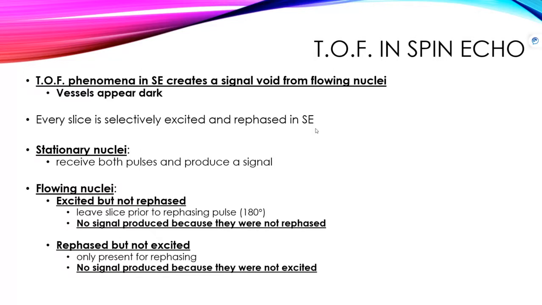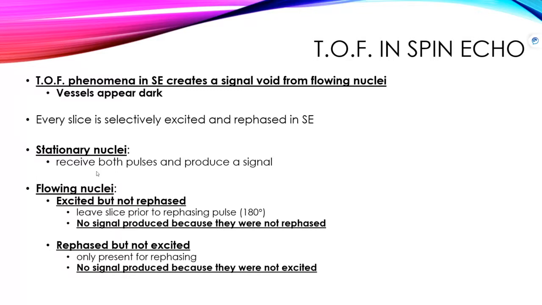And so as we are doing that, only the spins in that specific slice and maybe the spins right around it are going to be the most impacted by that pulse, because of our slice select, phase encode, and gradient encoding. So we have selected and specified what we're going to be exciting and rephasing in spin echo, which is different than gradient echo.